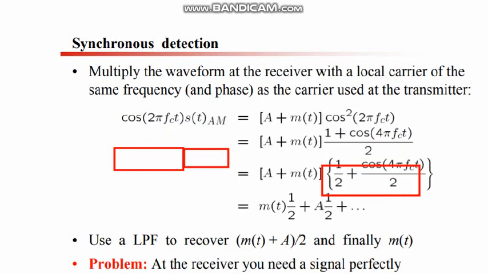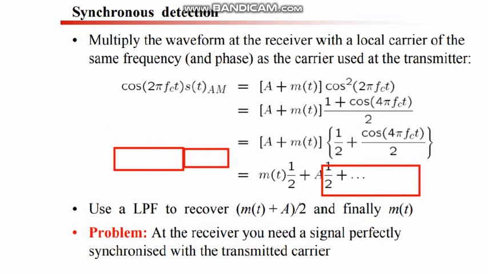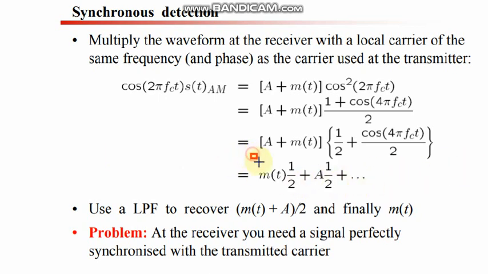Because we have to extract only the lower frequency terms, the message signal only. So this is the message signal part. By using a low pass filter, we can recover [m(t) + A]/2, and finally we can recover m(t). This is the mathematical derivation for the synchronous detection of the message signal.